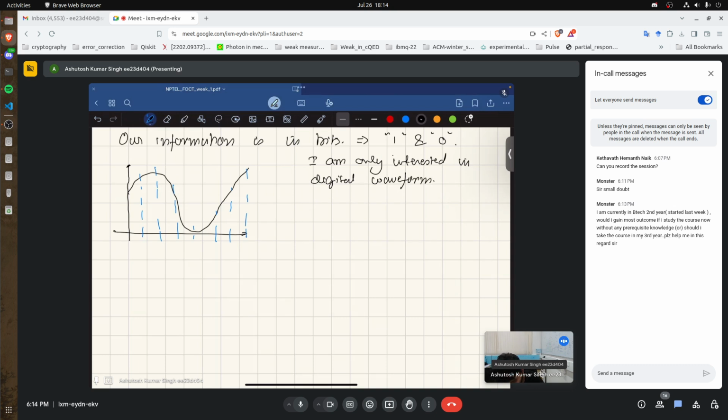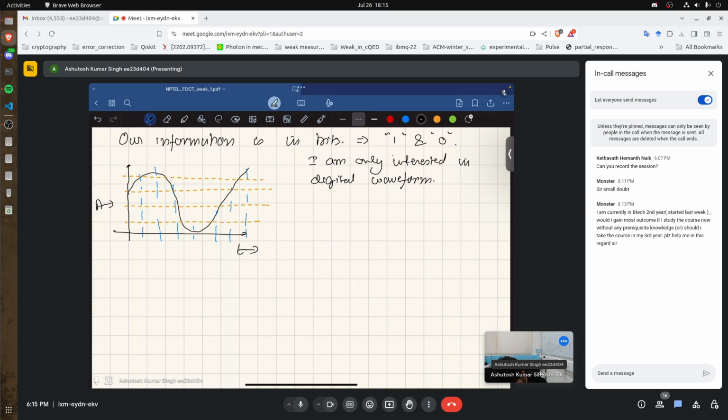So what I do here is, this is your time and this is your amplitude. The blue lines represent the time axis where I'm sampling it, and the orange represents my quantization level. By quantization level, I'm just assigning different amplitudes to it.